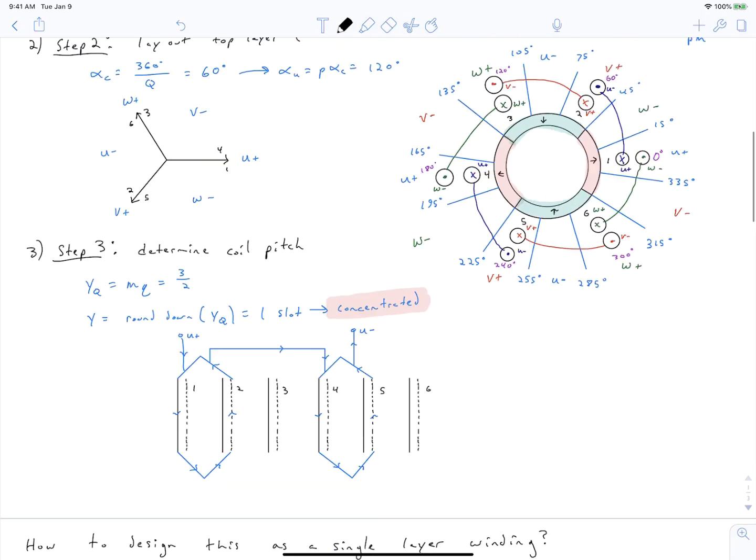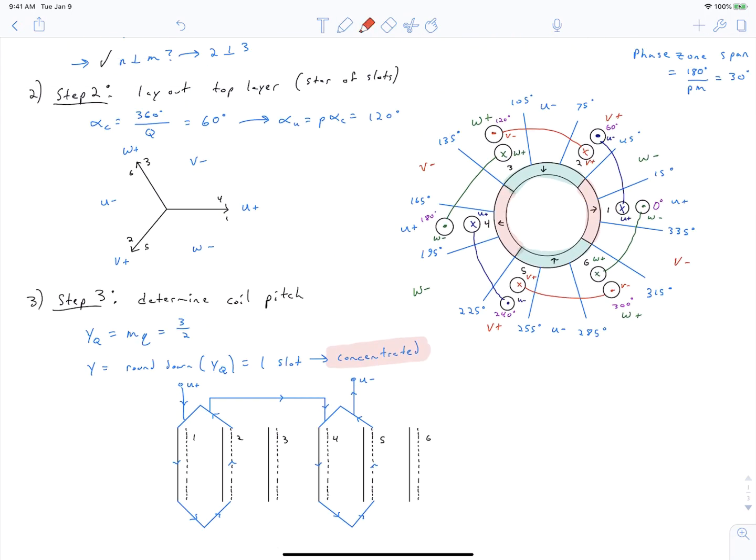We're going to distribute these zones amongst our coil sides, amongst our slots, at uneven spacings, so that in an average sense we have Q slots per pole per phase.